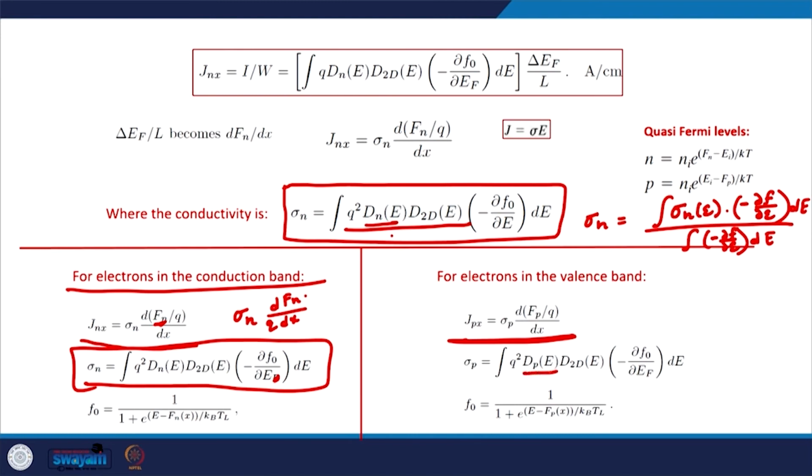And here the scattering might be different, so that is why we have used a different constant. Instead of using D_n, we have used D_p, and apart from that, everything else is the same in both cases. Okay. So, that is how we define the conductivity, and we deduce the conductivity using a bottom up approach.